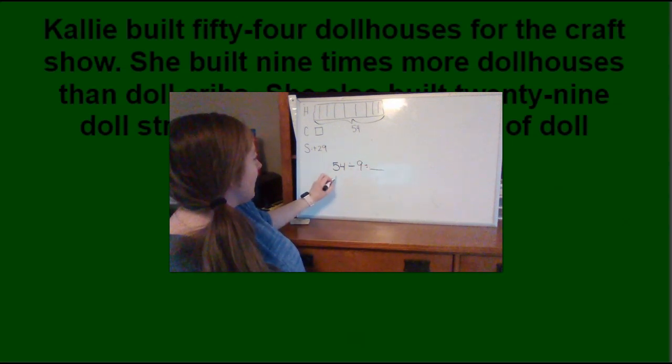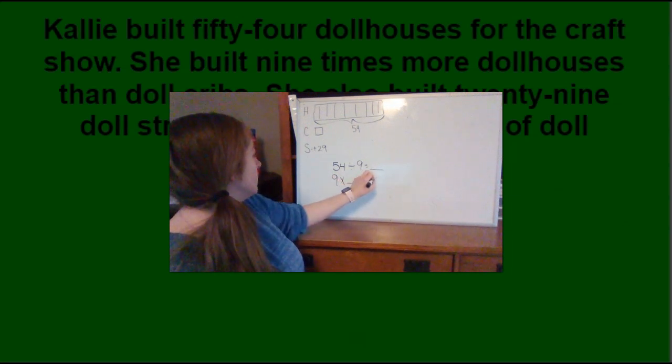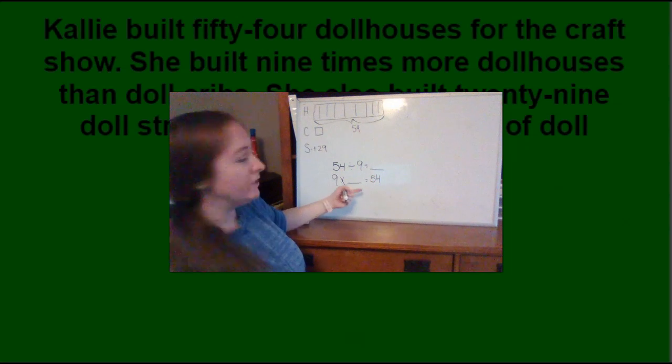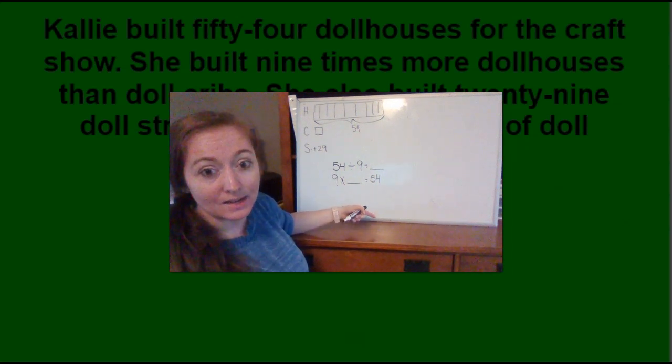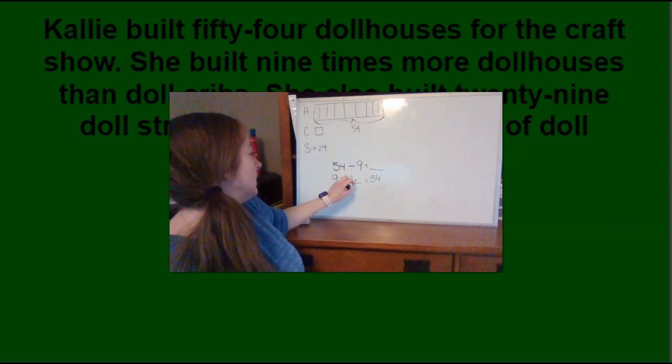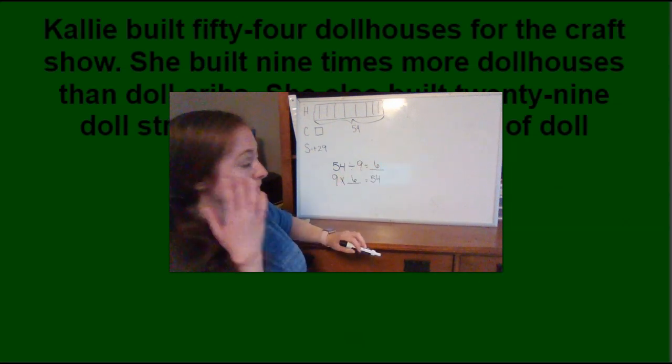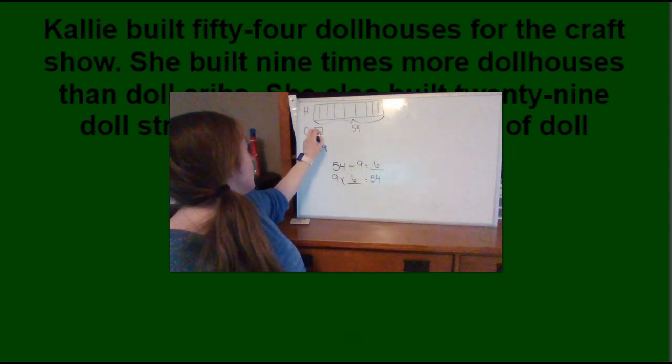Or we can take it to our math fact, which is 9 times blank equals 54. Well, we just did the same math fact for the last problem, which we knew was 9 times 6 will give us 54. So the answer is 6 here. Okay. Fabulous. So for a single unit, it is 6.